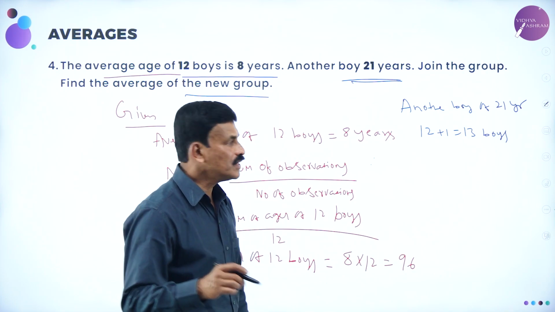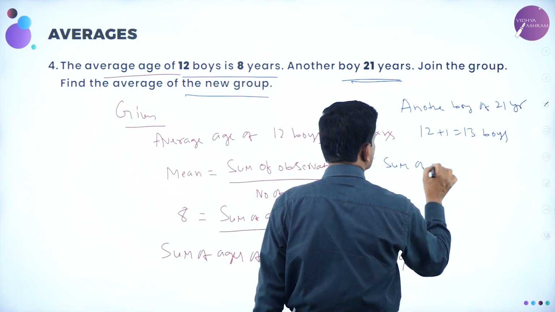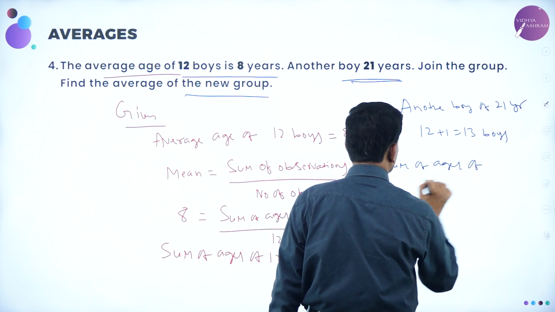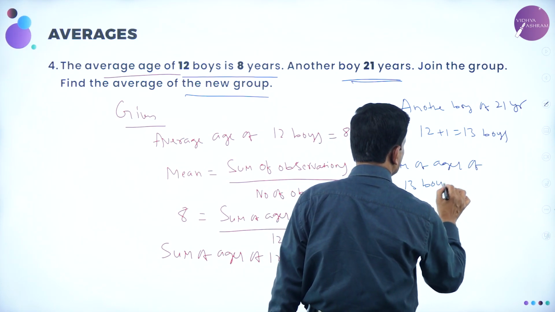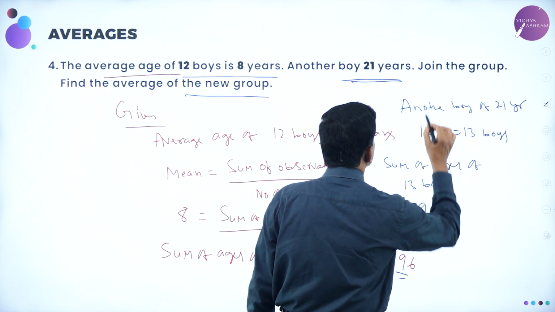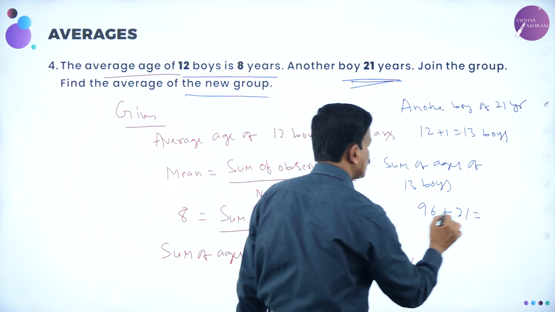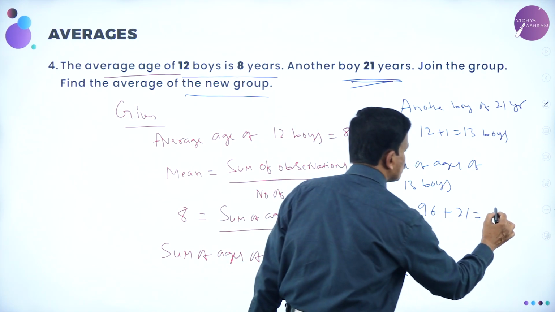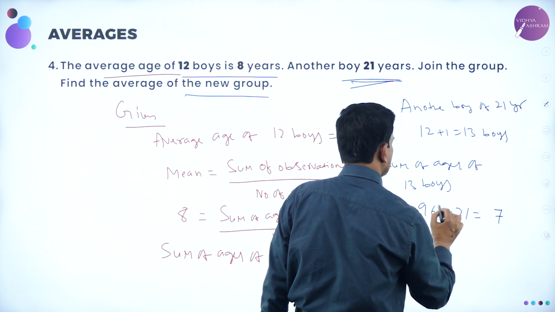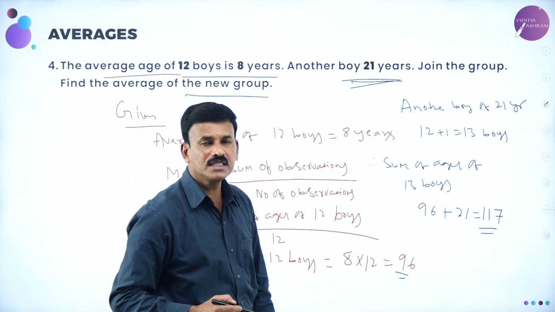Now the sum of ages of 13 boys is equal to 96 plus, what is the age? 21 years. That's equal to 96 plus 21, which is equal to 117 years, right?